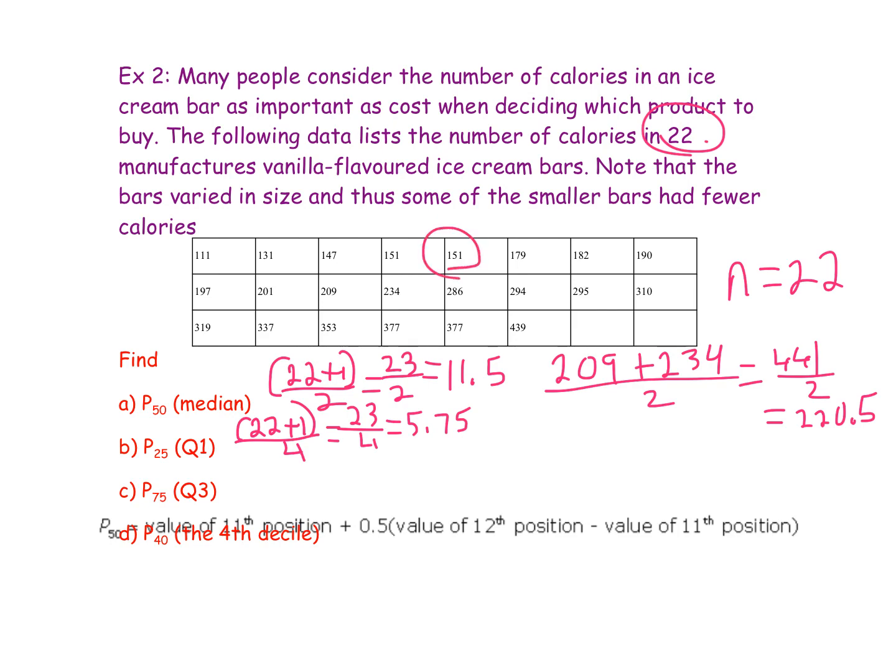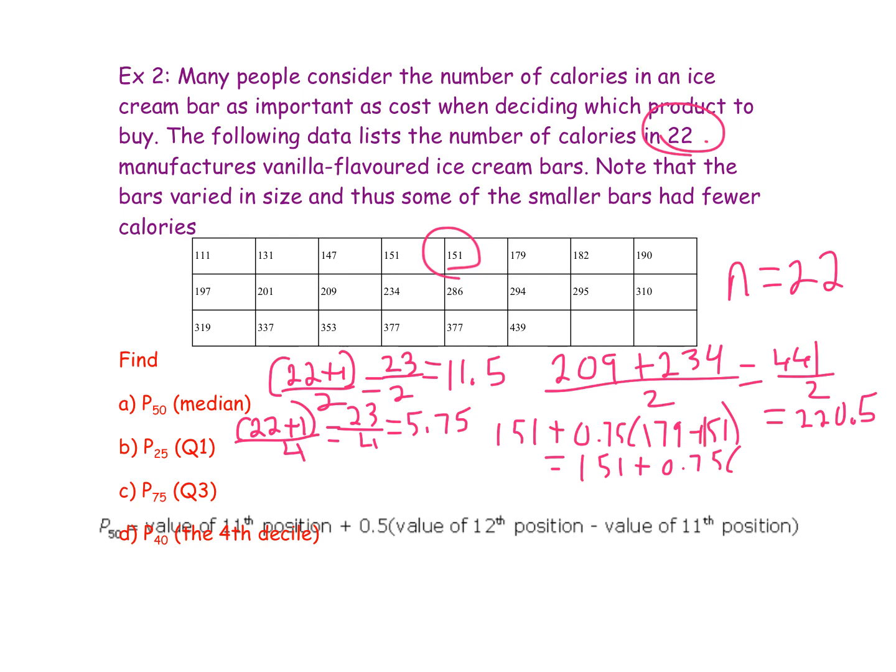That's 151. And so I'm going to start with 151, and I'm going to add 0.75 times the difference between 179 and 151, because they're the two numbers in the fifth and the sixth spot.